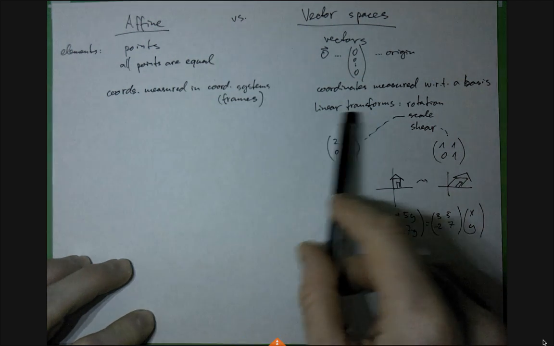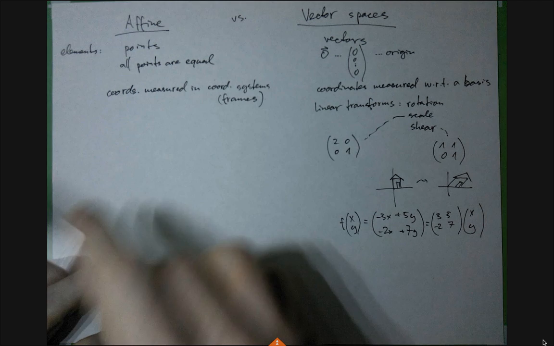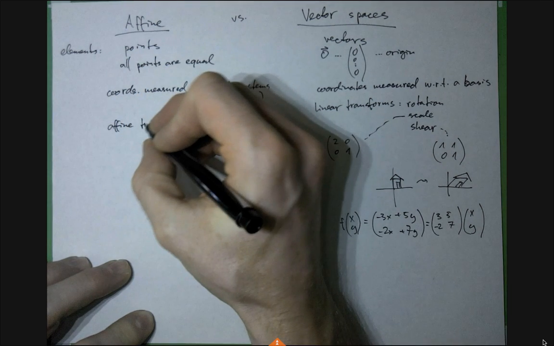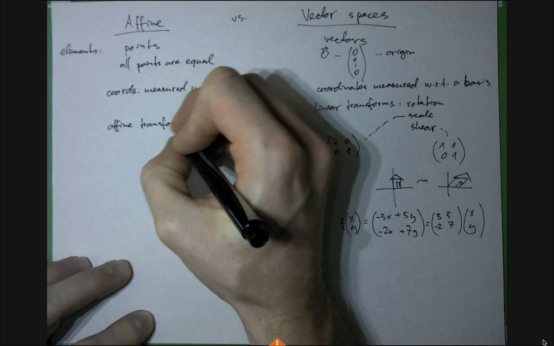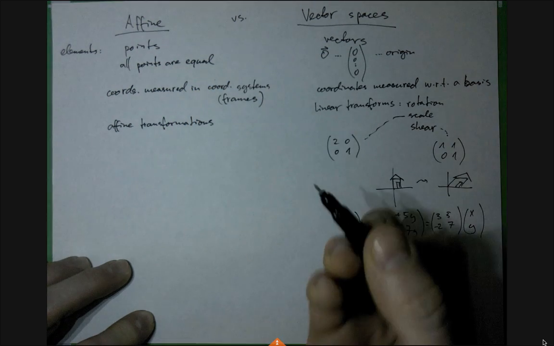So the counterpart of linear transformations in affine spaces are affine transformations. Okay, and what is an affine transformation?